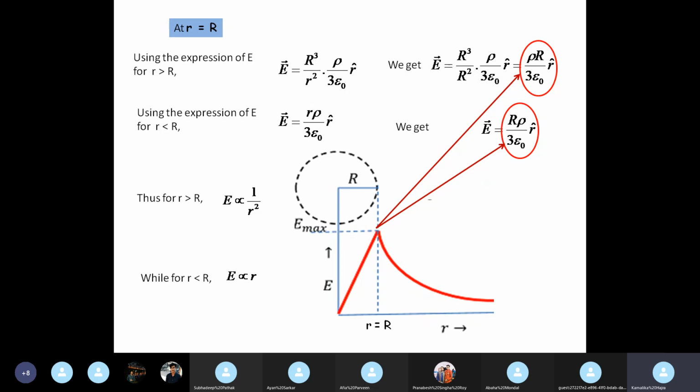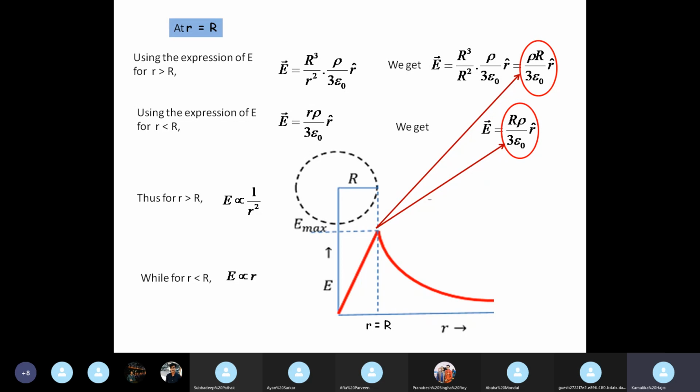I have done the problem of the solid charged sphere comprehensively with you. Whatever can be said for this problem, I have mentioned everything. So whatever question comes from this part, you should be able to answer.